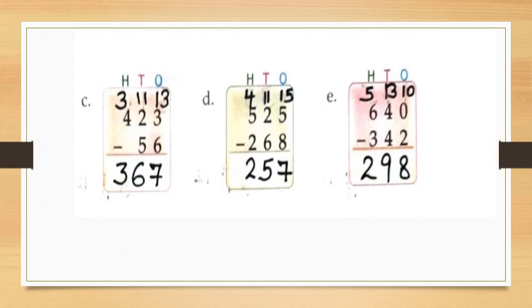Now at hundreds place, 5 minus 3 is 2. So write 2 under hundreds place. So children, when you subtract 342 from 640, you will get answer as 298.